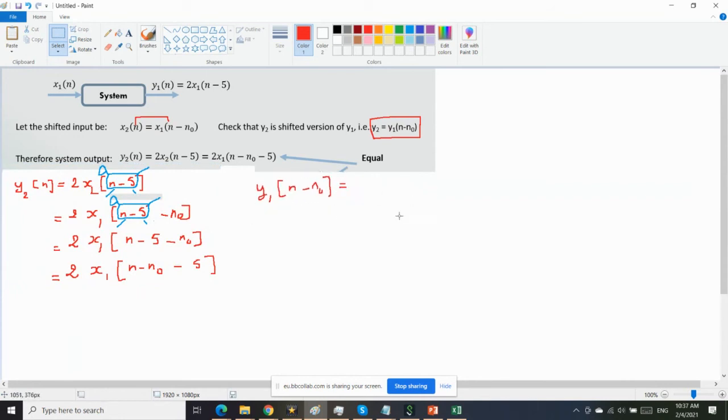This is the left-hand side. Well, according to the definition, according to 1, this is equal to 2x1, and then we should keep the same element here, and then subtract 5.